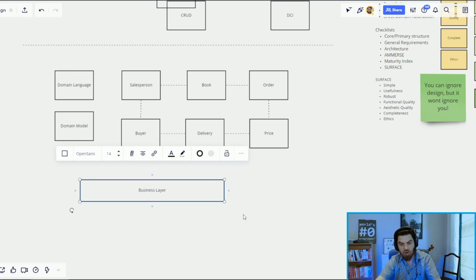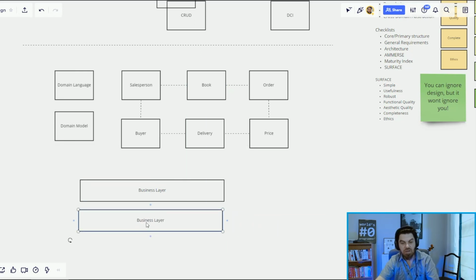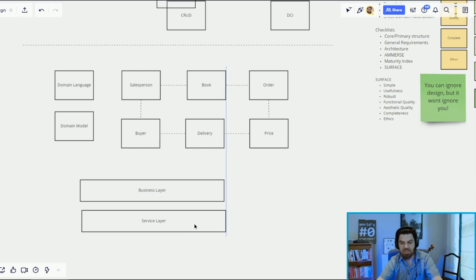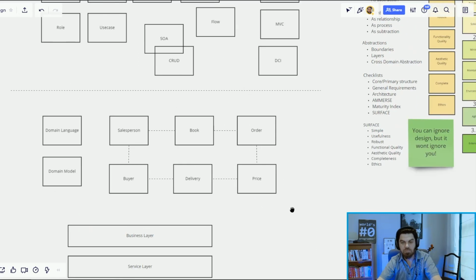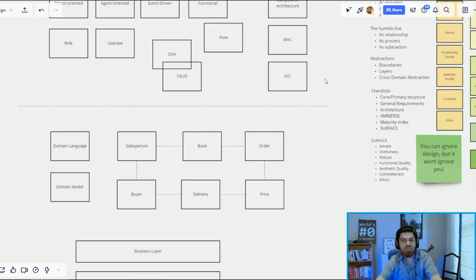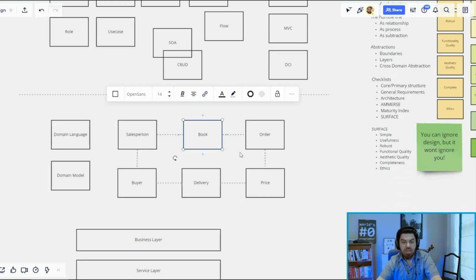And if we've got more than a business layer, if we've got some kind of service layer, what resides in these layers? Now, architecturally speaking, we could also say, how smart is something? Is a book a smart object in some way? Does it know how to look after itself?